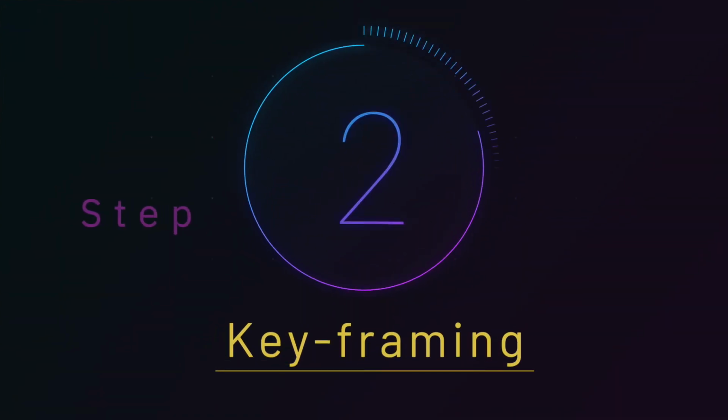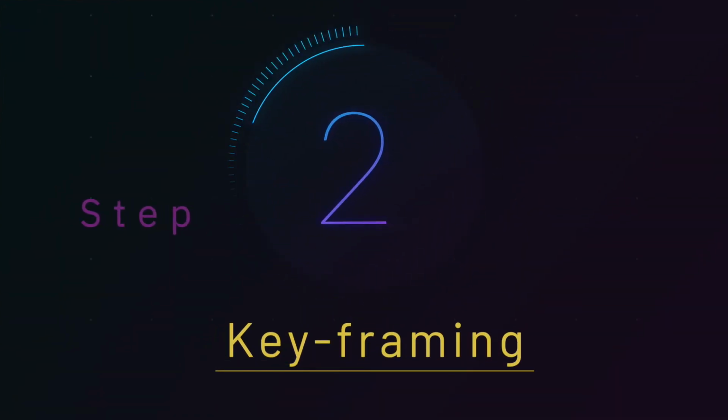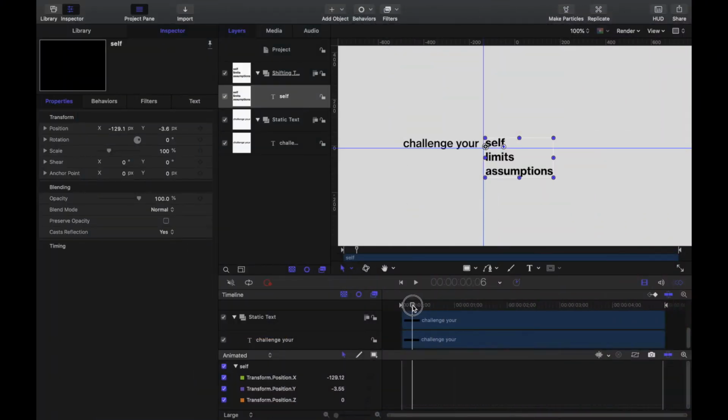The next part is to keyframe. We'll move 5 frames into our effect and keyframe that position. Then move a second further and keyframe that position. Then moving half a second to shift that text upwards so that we now view the next line.